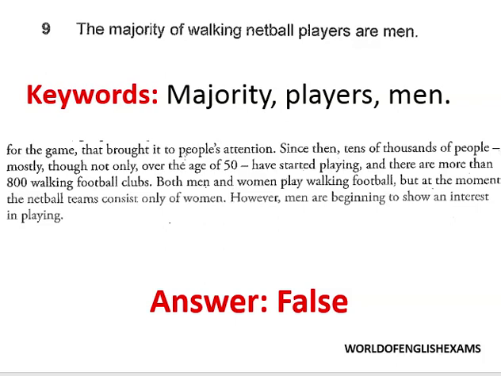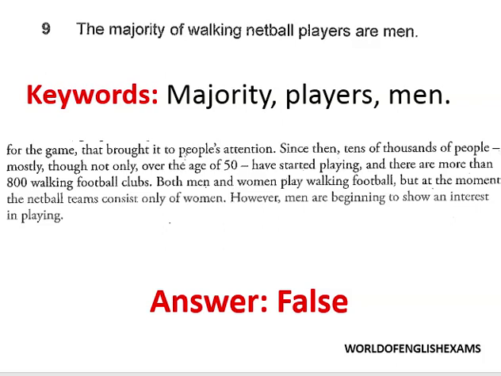Now let's see what is given in the text. So it brought people's attention. Okay, since then, tens of thousands of people, mostly, though not only over the age of 50, have started playing. So it is not talking about the gender, whether they are men or women. It's just telling that people who were over the age of 50 or below that were interested in playing this game.